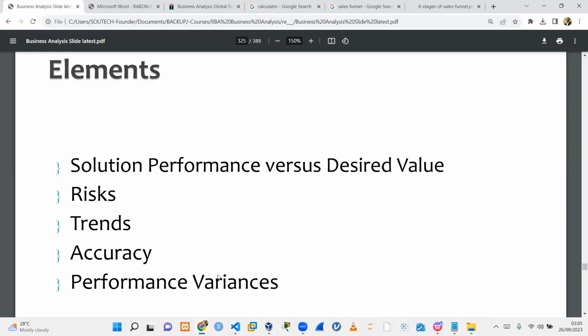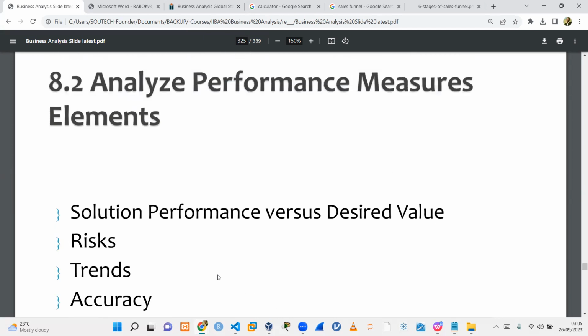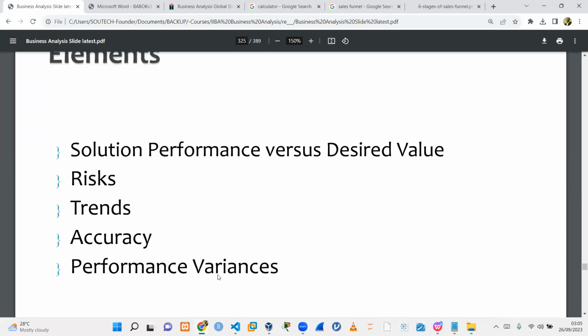Now, in trying to look at how best you deliver this value, you're also going to be looking at some metrics, right? And looking at those metrics to see how some of these things perform, you want to look at some market trends. You want to look at some risks associated with wanting to deliver social value. And that's why you have some solutions that make some companies go broke.